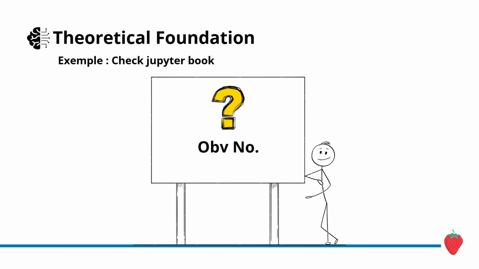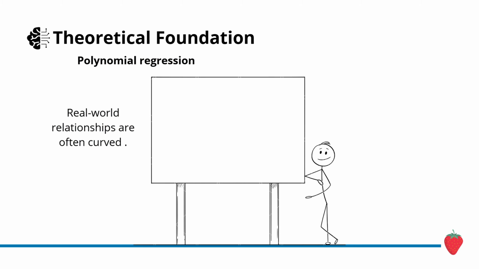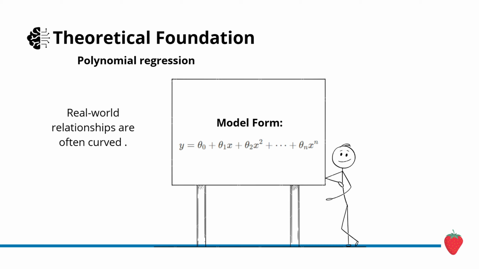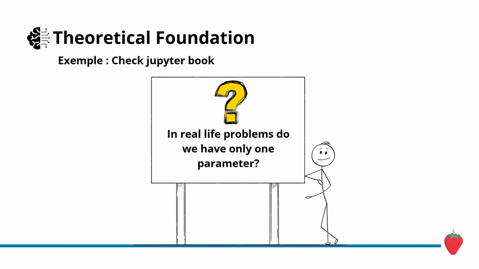The answer is obviously no. Real-world relationships are often curved, so we shape them as a function like theta 0 plus theta 1 multiplied by x plus theta 2 multiplied by x squared up to x^n, depending on what we choose.